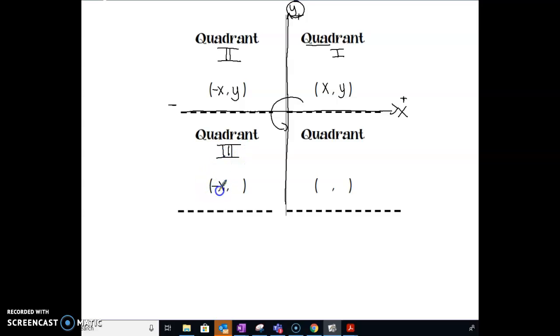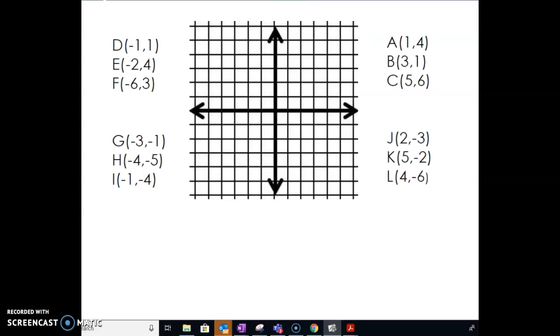You've gone in a negative x direction on the number line, and you went down. That's represented by a negative y in quadrant 3. Finally, quadrant 4, Roman numeral IV, is where your x is positive, but your y is negative. Fill this out, and then I'm going to get you to open up the grid, and we're going to write some more notes.